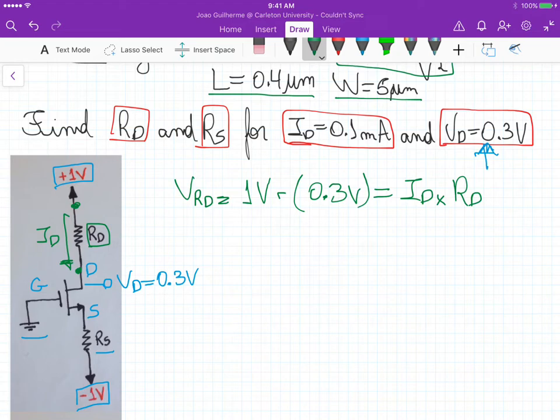One thing I didn't mention at the beginning of the problem is that we can assume the MOSFET is operating in the saturation region.